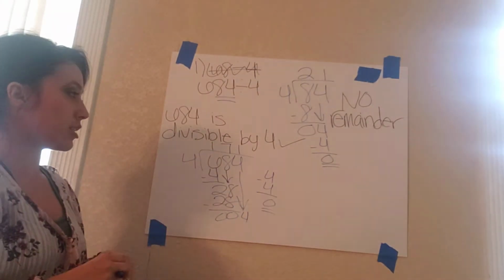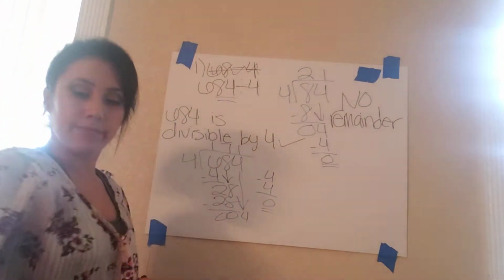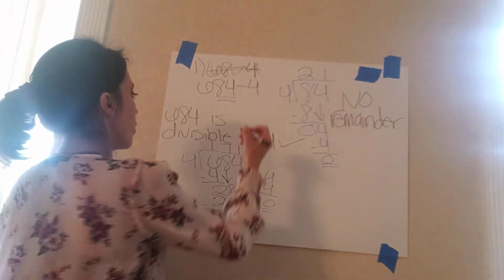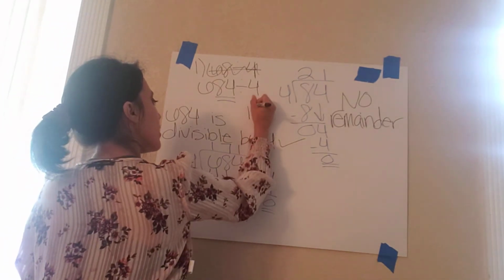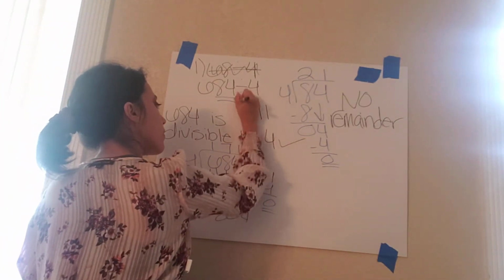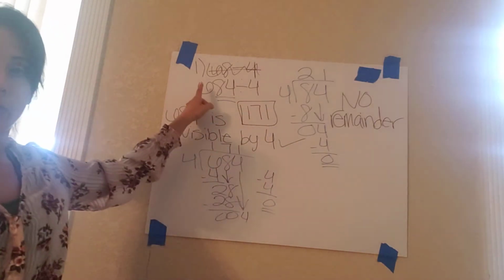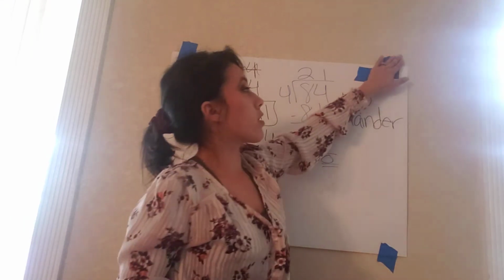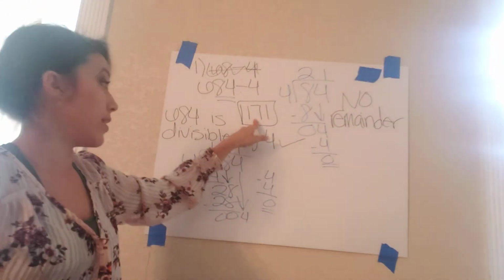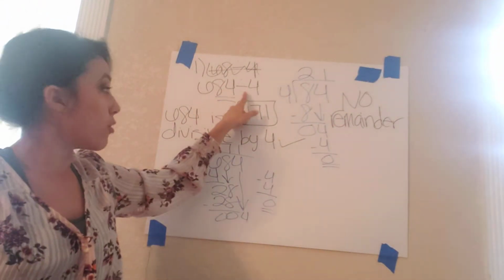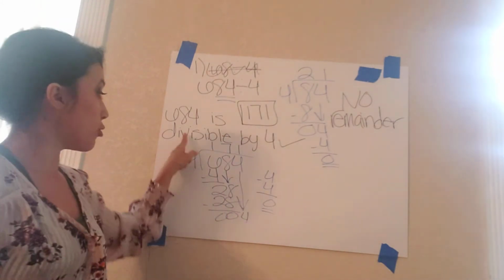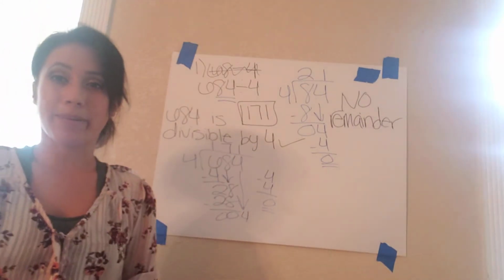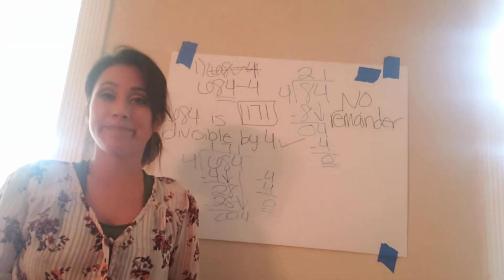And so our answer is 171. So we found out that 684 divided by 4 equals 171, and 684 is divisible by 4. Any questions on this?